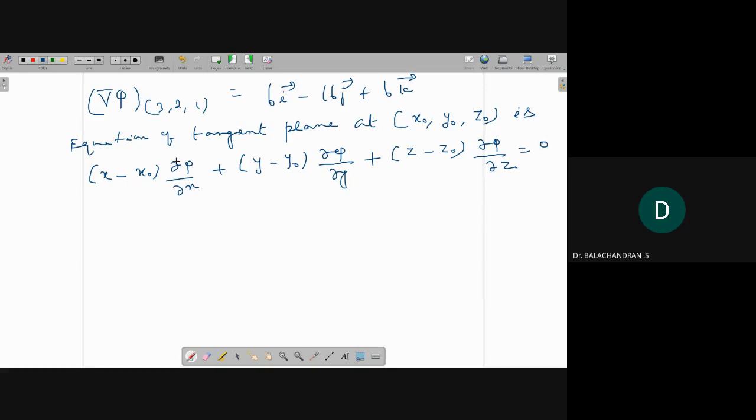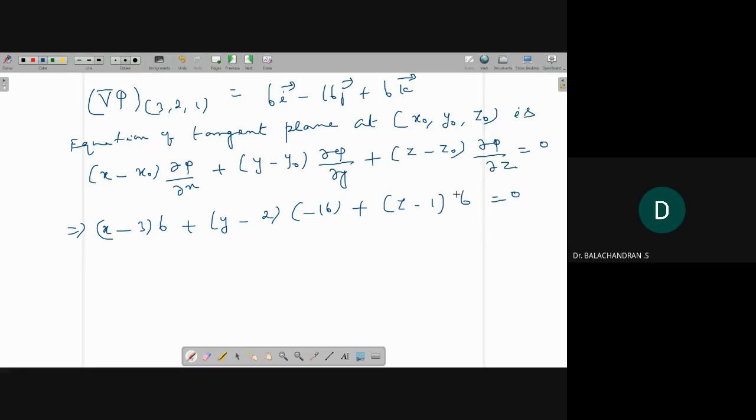So now we know that dou phi by dou x is 6 here, and x naught, y naught, z naught is 3, 2, 1. So x minus 3 into 6, plus y minus 2 into minus 16, plus z minus 1 into 6, equal to 0.